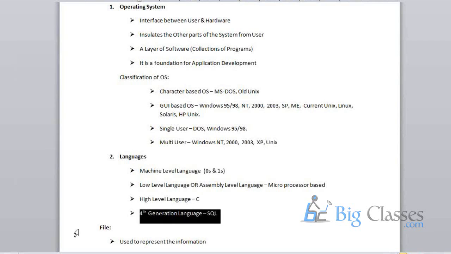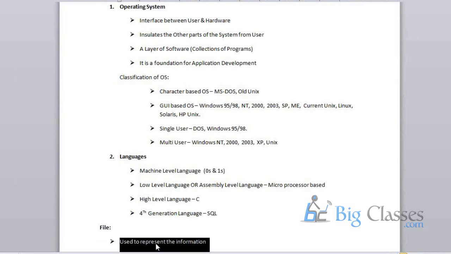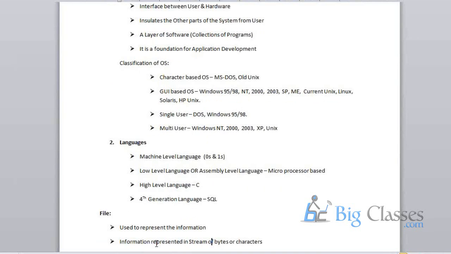Then the next topic is file. Files, maybe a Microsoft file or Notepad, are generally used to represent information. This information is represented as a stream of bytes or characters. You are well versed with characters.